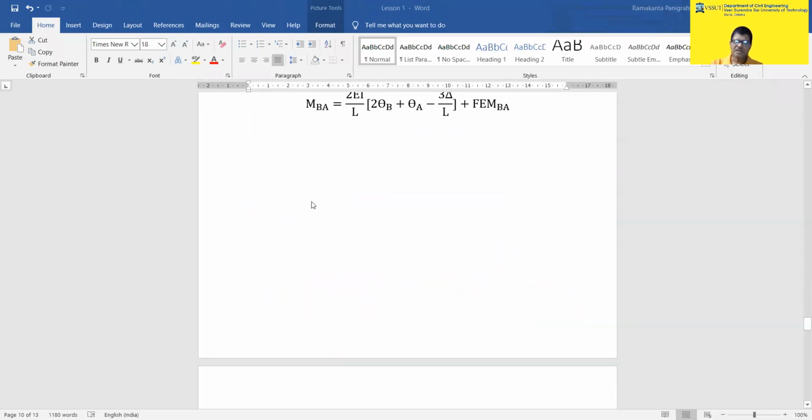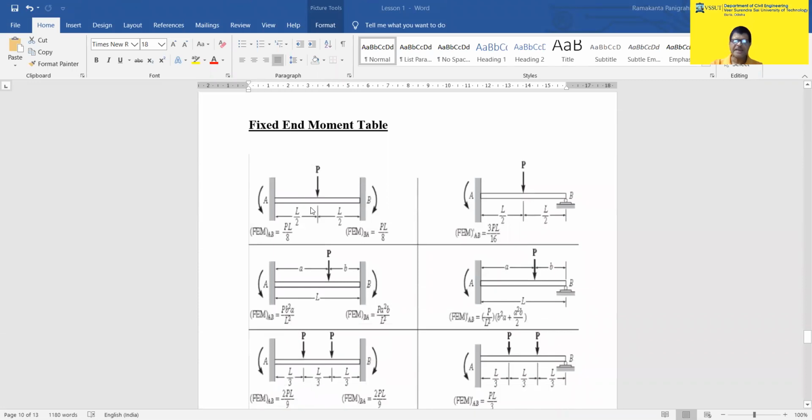Now we'll discuss the fixed end moment table. The fixed end moment table gives, for the end conditions and a load, the values of the fixed end moments. If it is a fixed beam with a point load at the center, we find PL by 8 on both sides. It is anti-clockwise here, clockwise here.